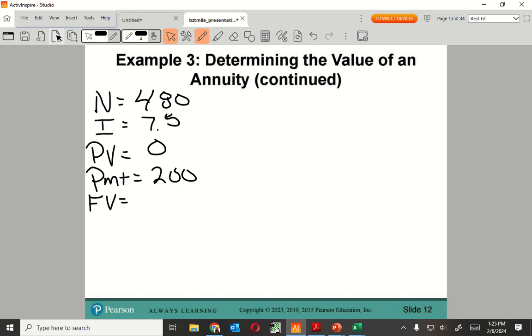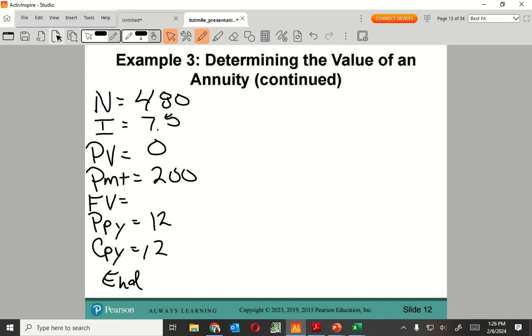Nope. Find out. That's what we're solving for, right? Yes, sir. We're going to solve for future value in this case. PPY, my payments per year. How many payments a year do we make? 12. That's important since it is monthly. 12. CPY is also 12, and this is payment at the end.